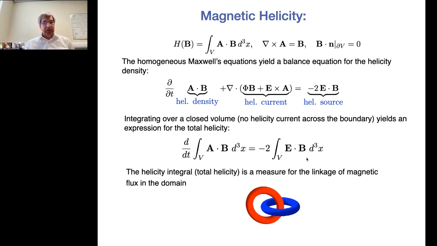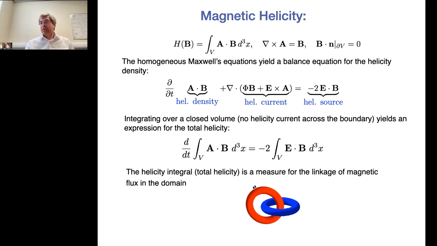The helicity integral is a measure of the linkage of magnetic flux in the domain. And it's great to have Keith Moffatt here in the audience, who actually coined the notion of magnetic helicity and gave its first interpretation. I try to do this here with this simple pair of flux rings.